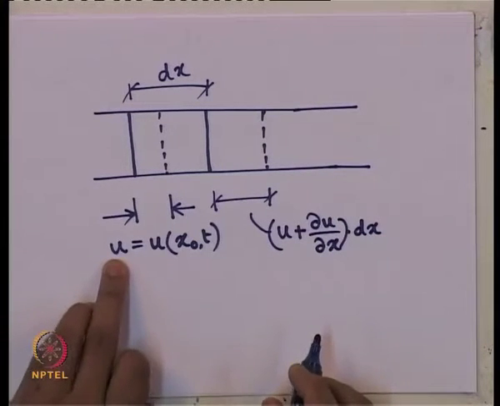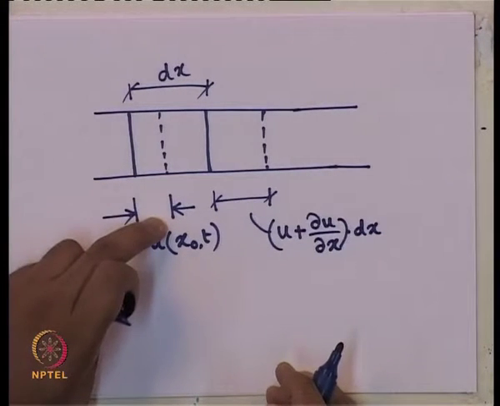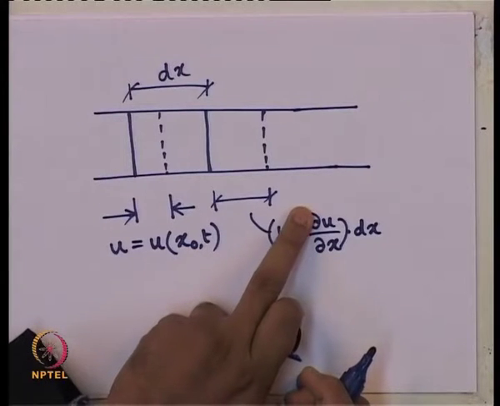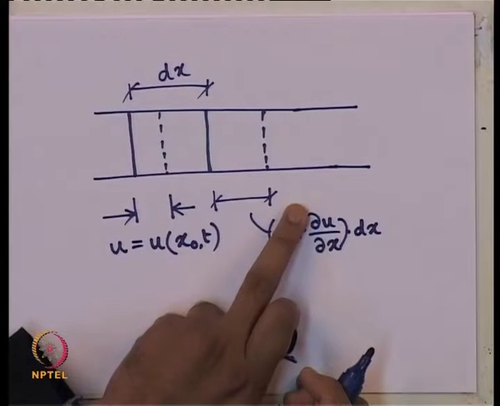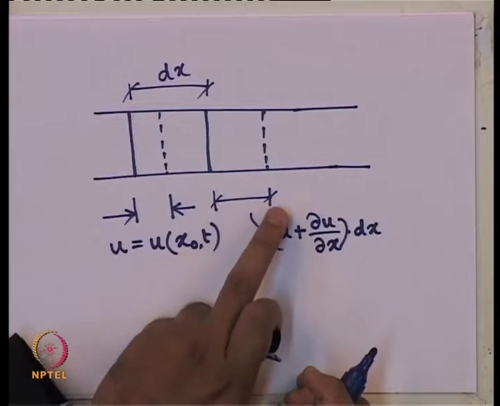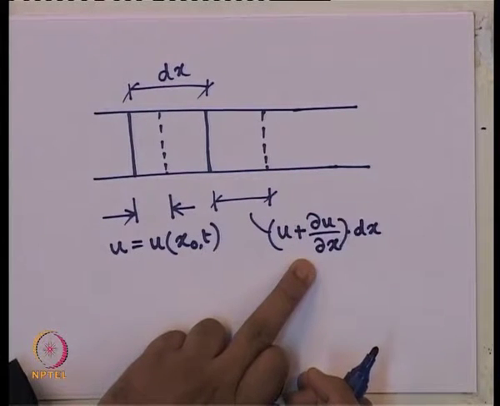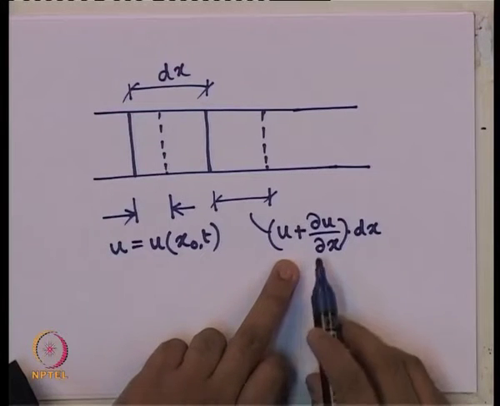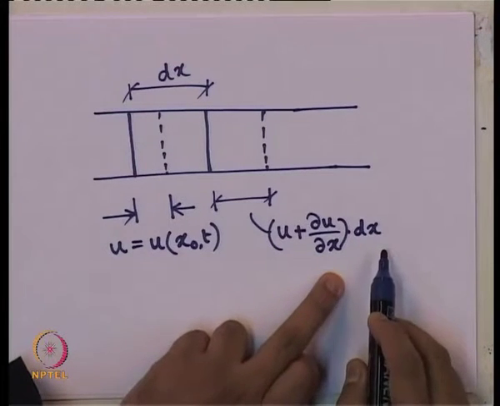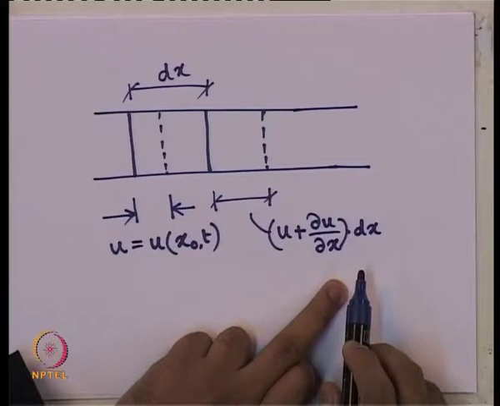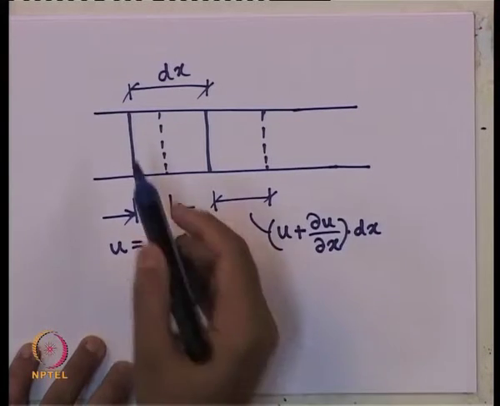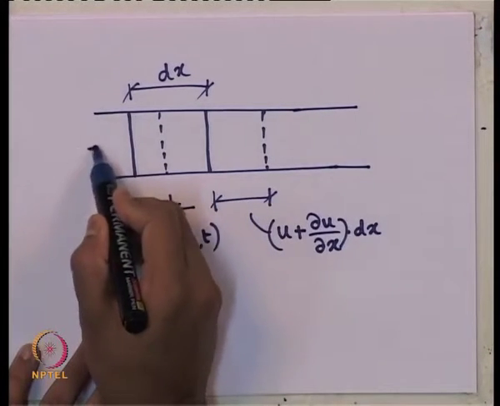Okay? Here the displacement was u, and at the other end of the section we have chosen, the displacement of the particle is u plus del u del x into dx. And what are the stresses acting on the element?